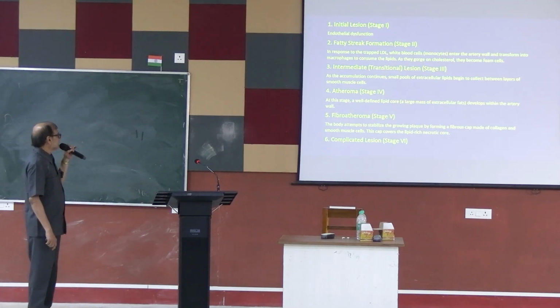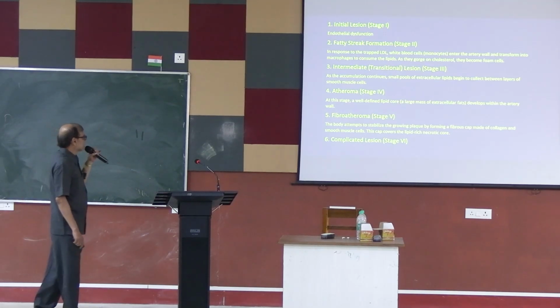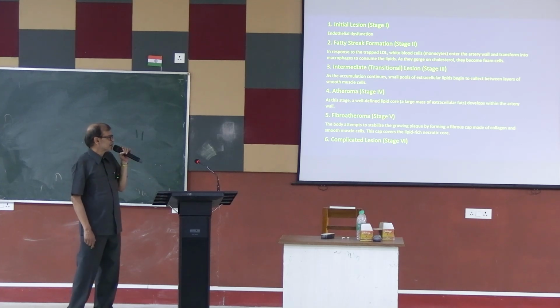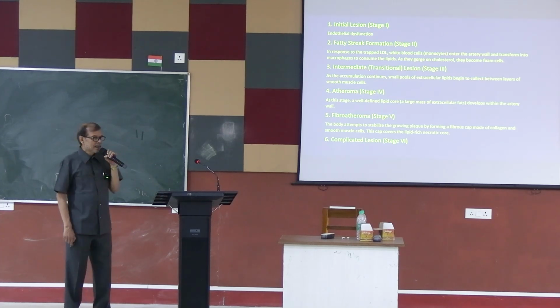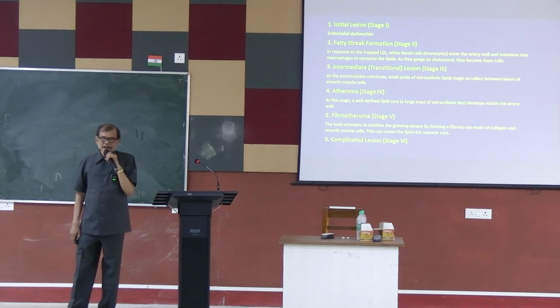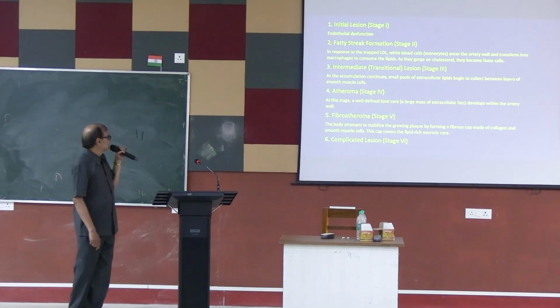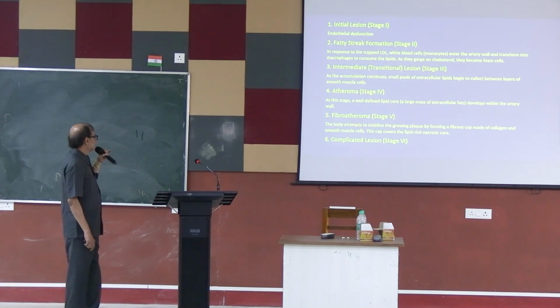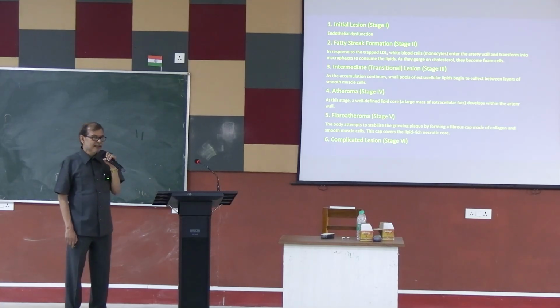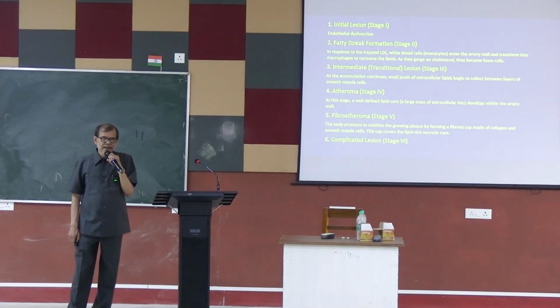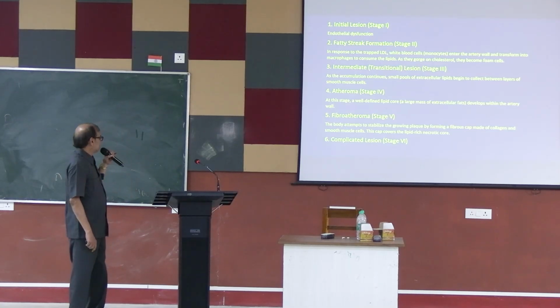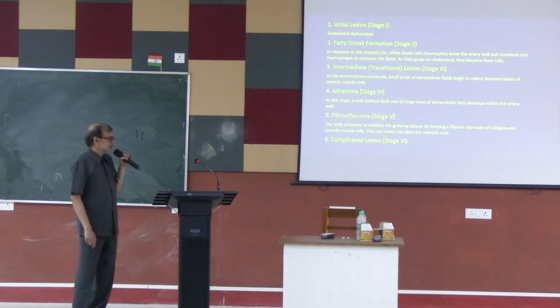Third, the intermediate or transitional lesion, that is stage 3, that means enhancement of the accumulation of extracellular lipids. Fourth, the atheroma formation, a well-defined lipid core, mainly extracellular lipids.